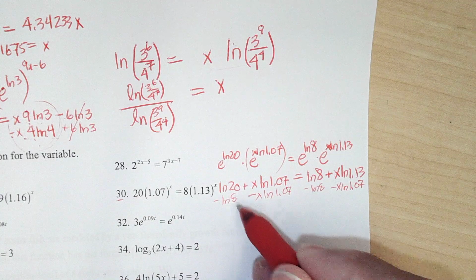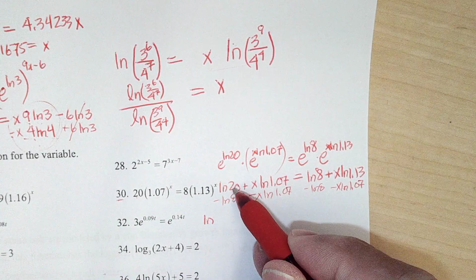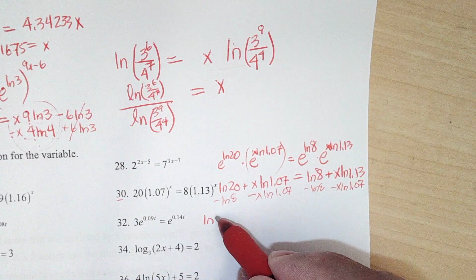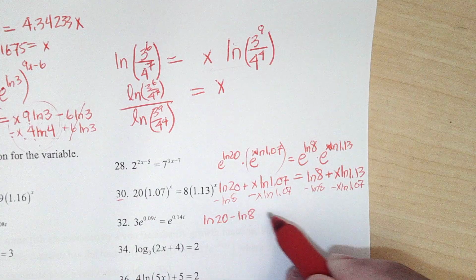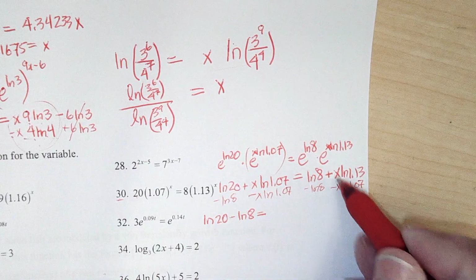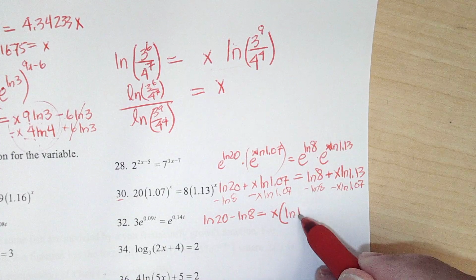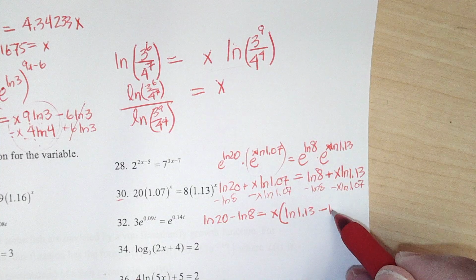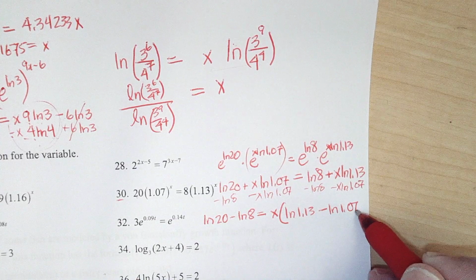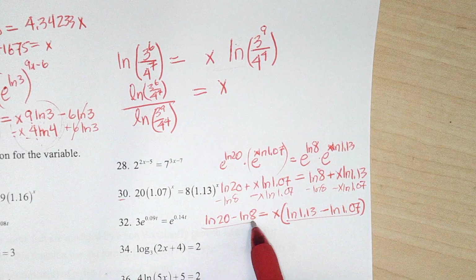So I'm going to have ln 20 minus ln 8 has to equal, and x is times both of them, so it's going to be x times ln 1.13 minus ln 1.07. So I have to divide both sides by this number.